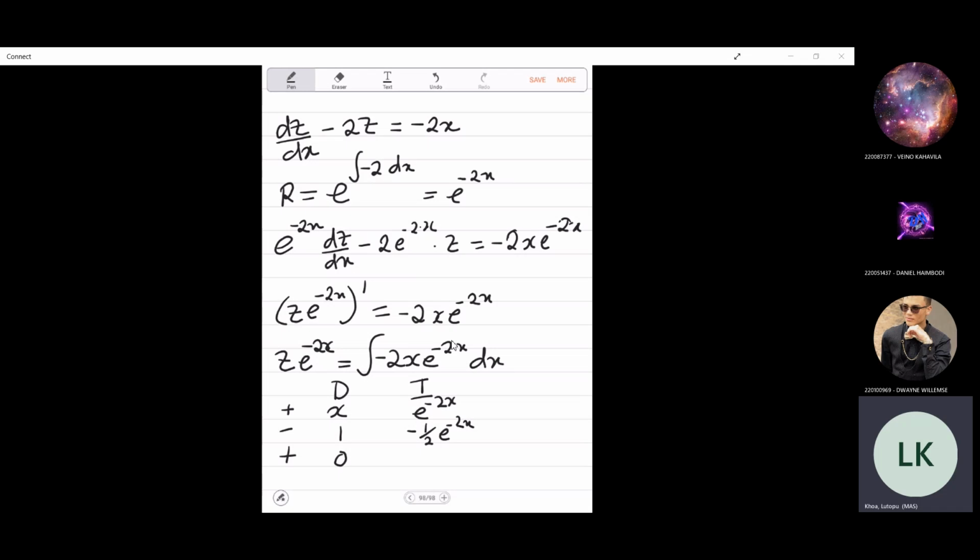Then we have positive 1/4 e^(-2x). Then we draw our arrows like that. Okay, so the first one will be positive x times that, then negative 1 times that, and then the last one will be the integral of 0, which is just a constant.